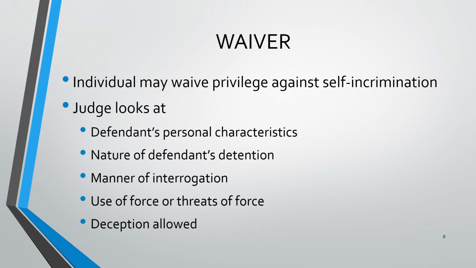The manner of interrogation, in which the court will look at the length and number of interrogation sessions, and sometimes the number of interrogators. And 4. Whether the police used force or threats of force, or whether they refused to provide necessary medication.